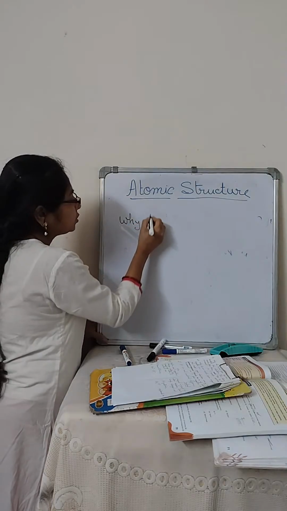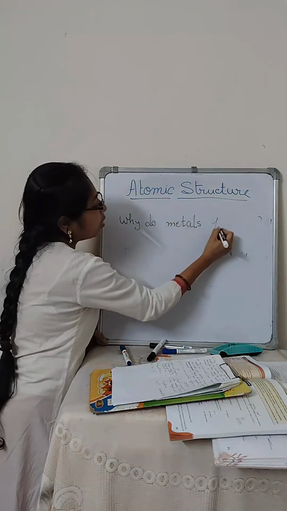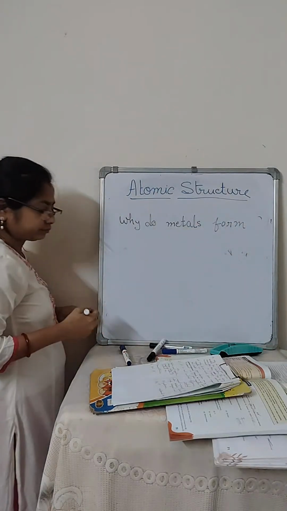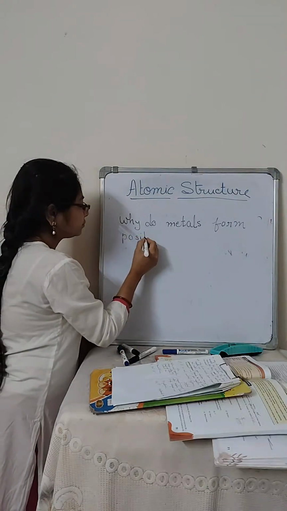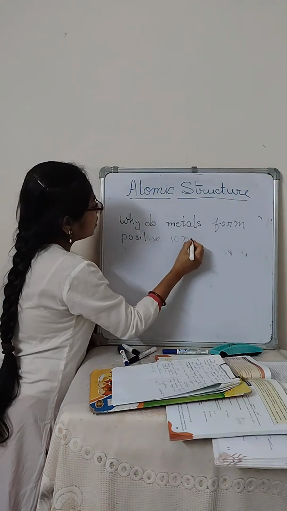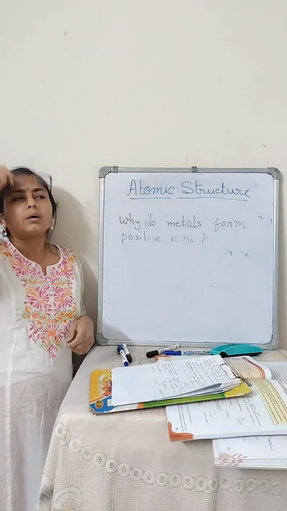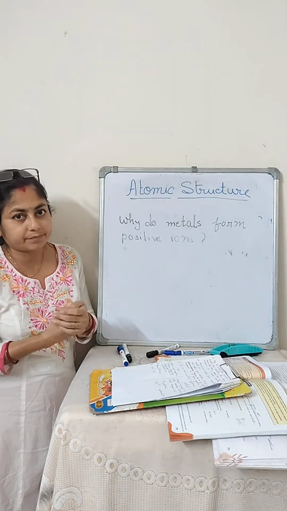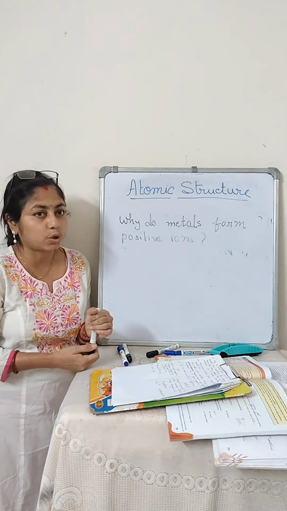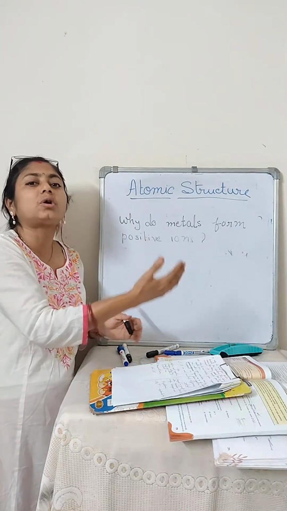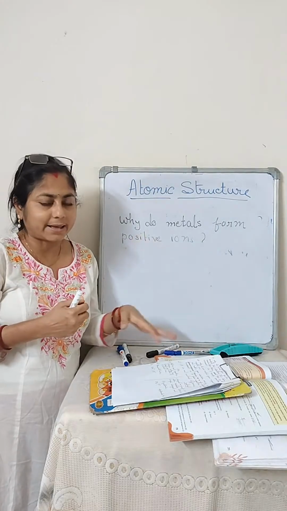Why do metals form positive ions? Because the metals, meaning sodium, potassium, calcium and so on, in every case, lose electrons. When electrons are donated, the number of electrons becomes less. The number of protons does not change, it is the same before and after, but electrons are fewer.